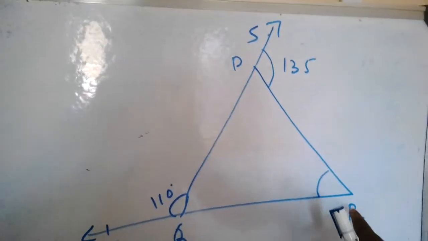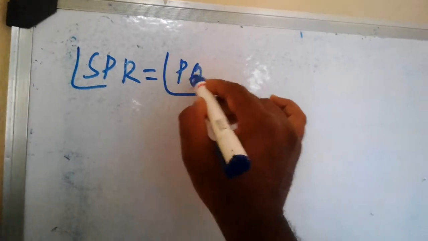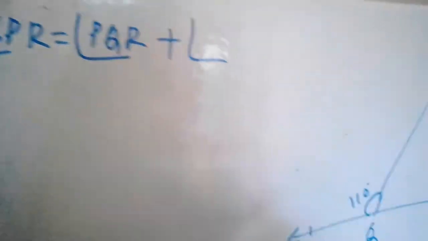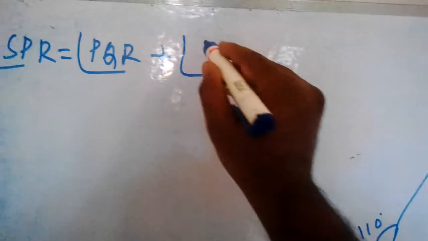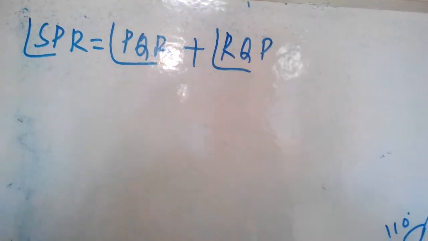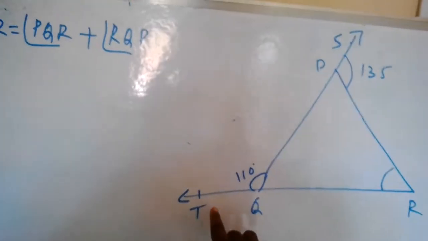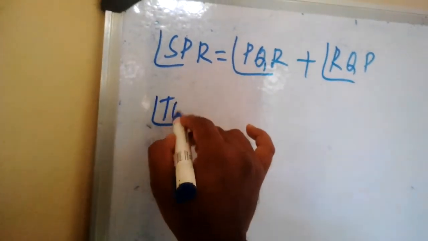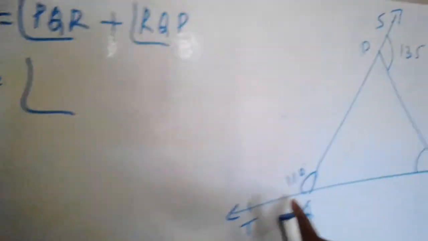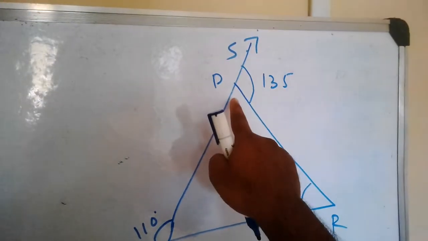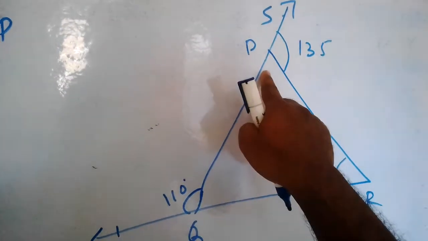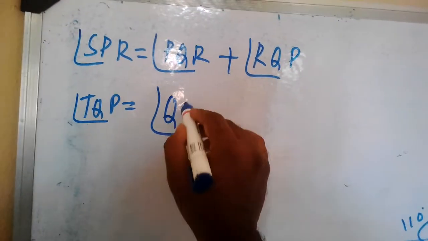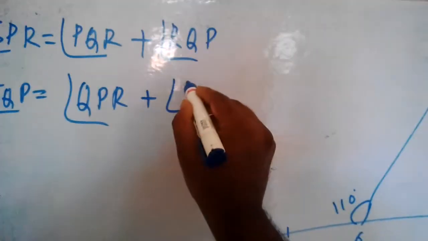Angle SPR is equal to angle PQR plus angle PRQ. Next, here also one more exterior angle, TQP, is equal to the sum of interior opposite angles QPR plus QRP.